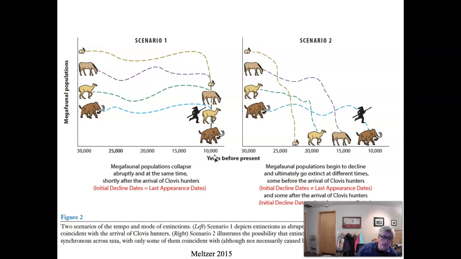For the longest time, Clovis was thought of as the first humans in North America. That has since been altered by increasing evidence of people in North America earlier than Clovis, what they now call pre-Clovis.